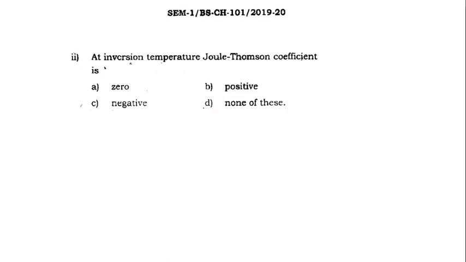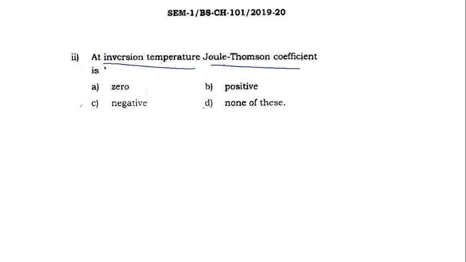So see the next one, the inversion temperature of Joule-Thomson coefficient. First of all you have to know what is inversion temperature and Joule-Thomson coefficient. In the Joule-Thomson effect, whenever you expand a gas, there is cooling, and there is a point where the inversion takes place. That means there is heating on expansion. That is called inversion temperature.